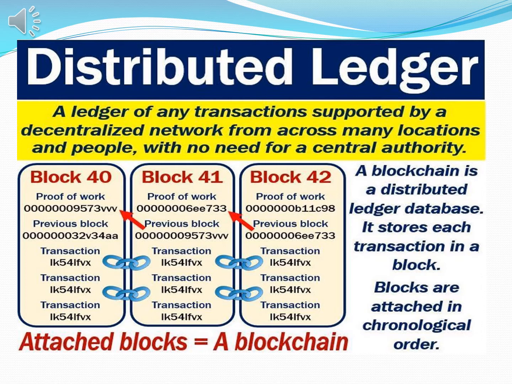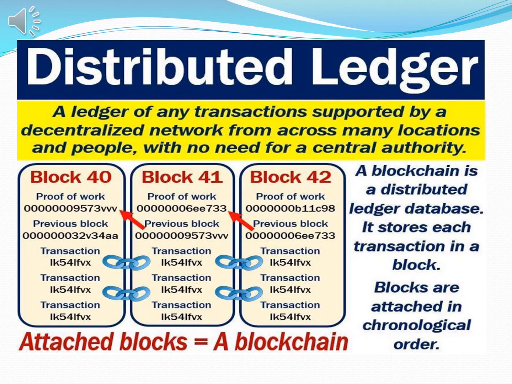In this slide, you can see a pictorial presentation of these distributed ledgers. Basically, all attached blocks equal a blockchain. This is a ledger where any transaction is supported by a decentralized network from across many locations and people, with no need for a central authority.